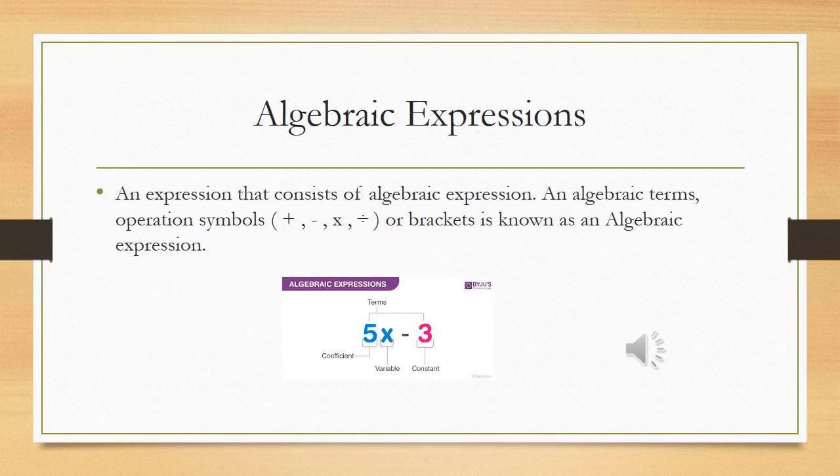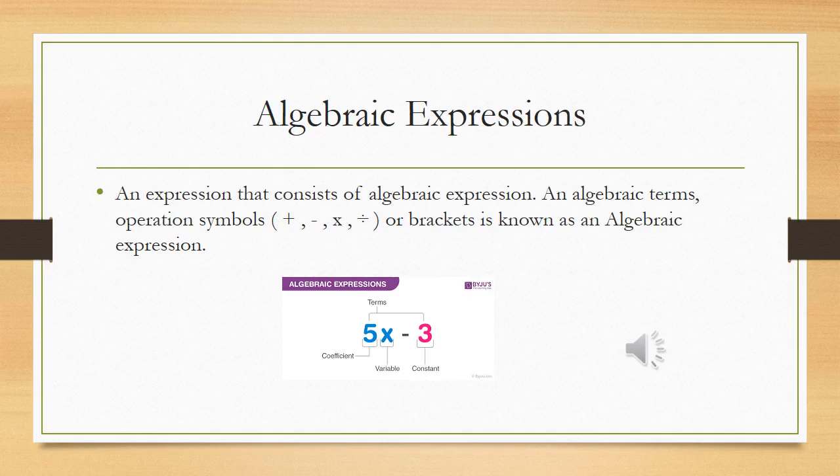So now the thing is, what is an algebraic expression? Why are we calling it an expression? First of all, we need to know what algebra is. In our introductory lecture, I gave you an example of what algebra is and why we learn algebra.